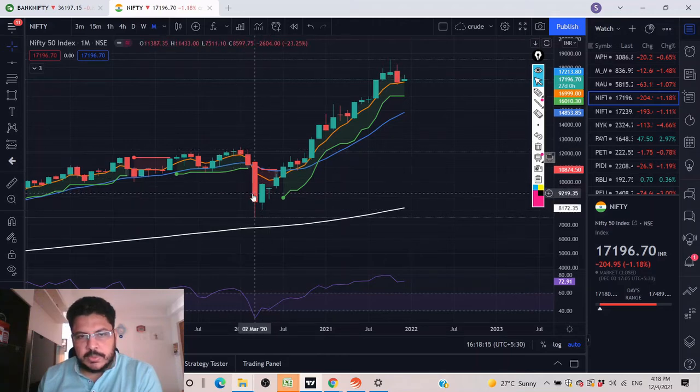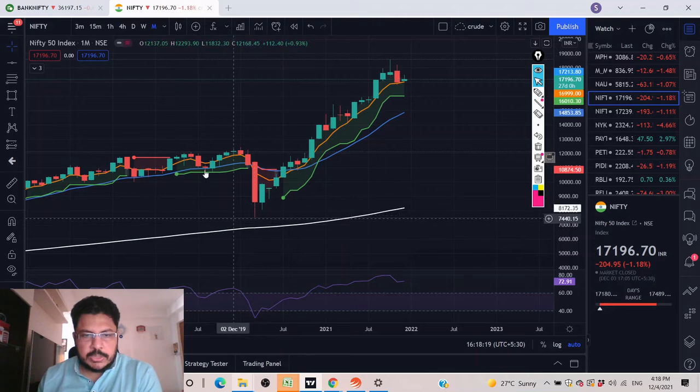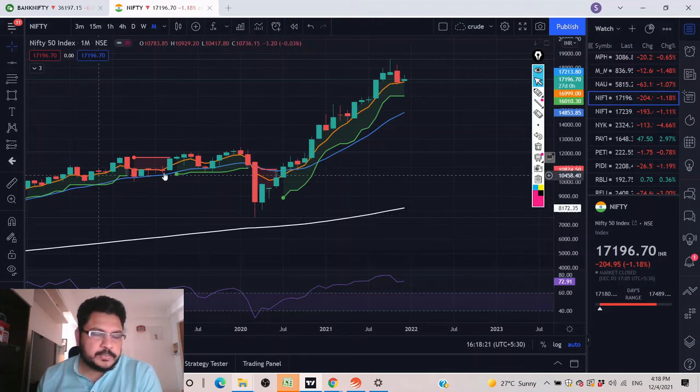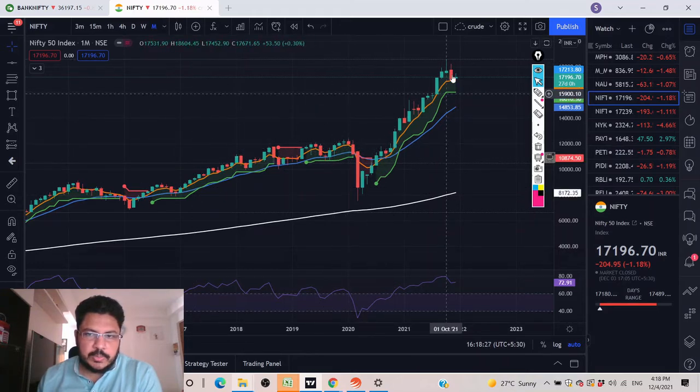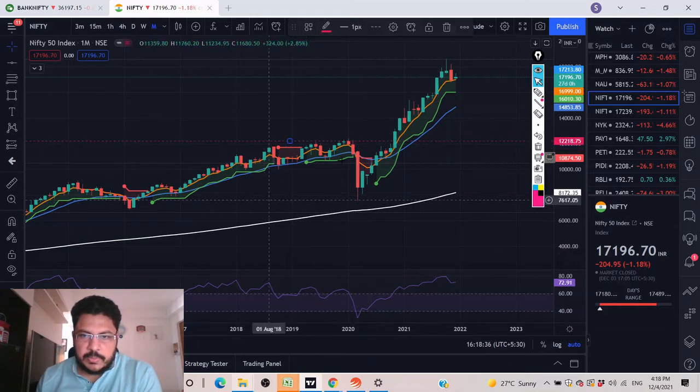This was January to March, the big fall, and it looks like nothing right now against the move which has happened since. This can be a very good level of support if it comes back to this level.